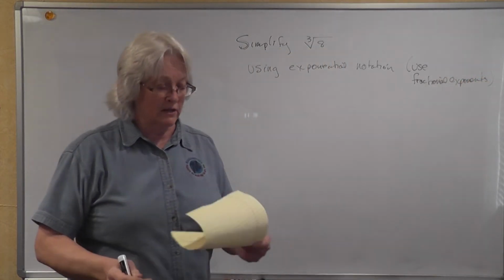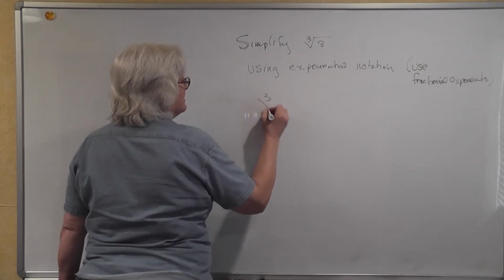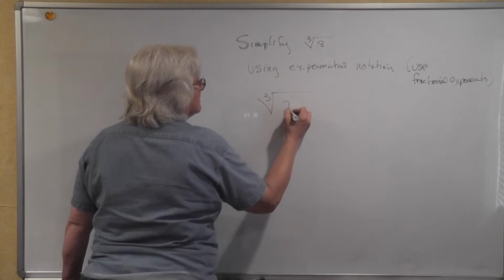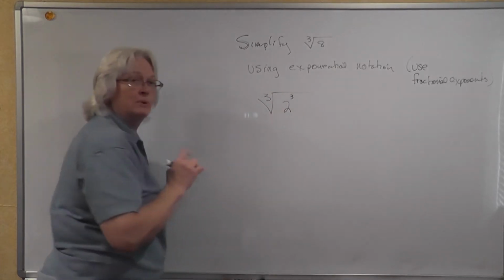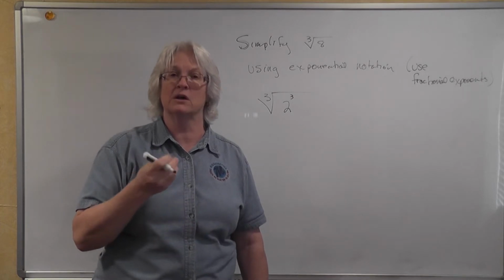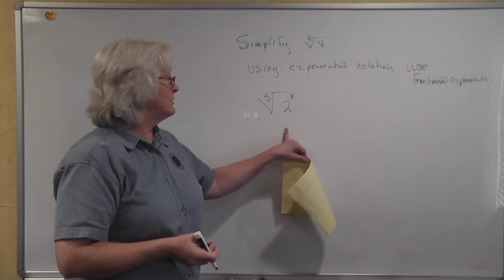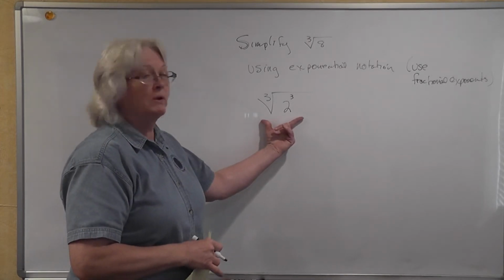So for the cube root of 8, we're going to change that 8 into exponential notation because 8 can be expressed as 2 cubed. Now we're going to see what we can do with this.